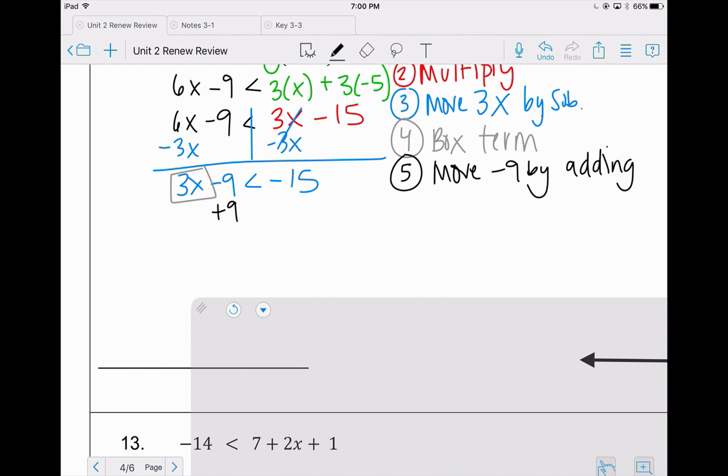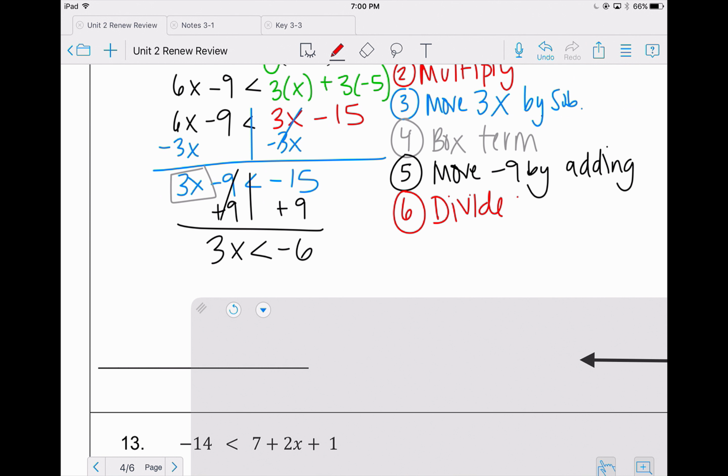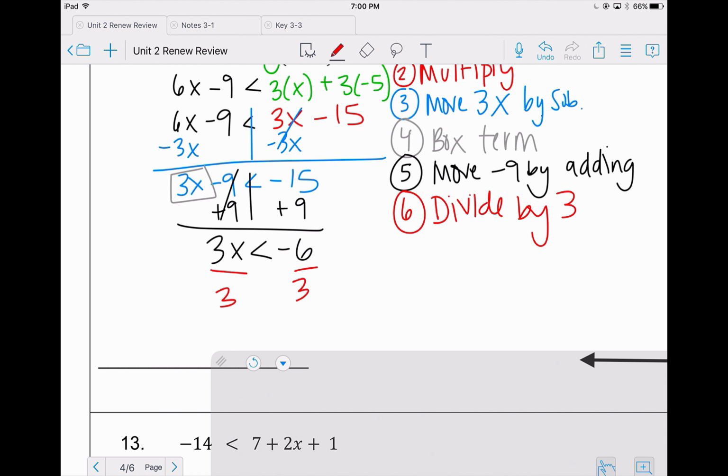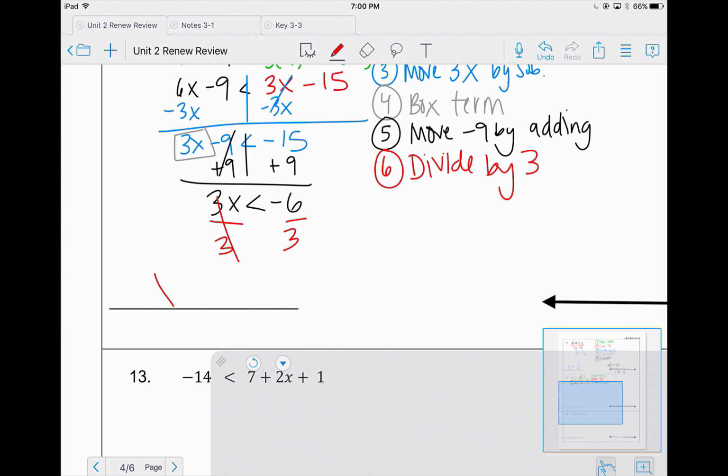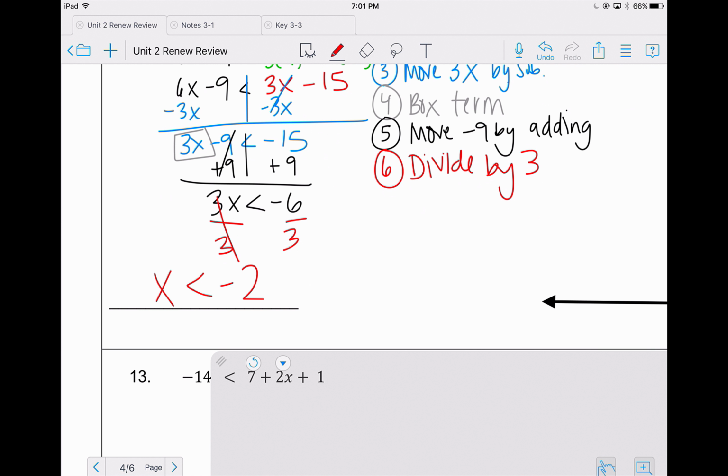So I add 9 to both sides. 3x is less than -6. And then divide by 3. Again, because I did not say -3, I don't have to worry about changing my sign. So x is less than -6 divided by 3, which is -2. So again, because I did not say divide by negative, I do not flip my sign.